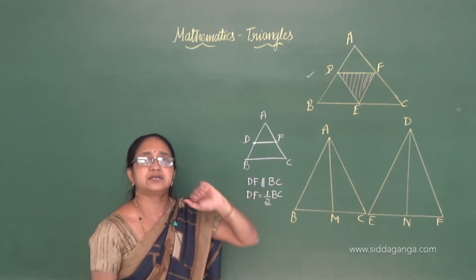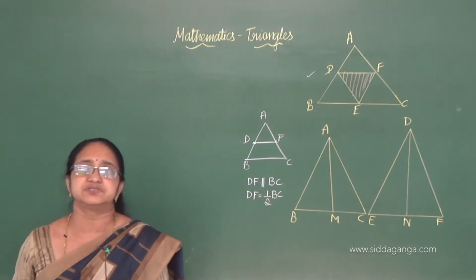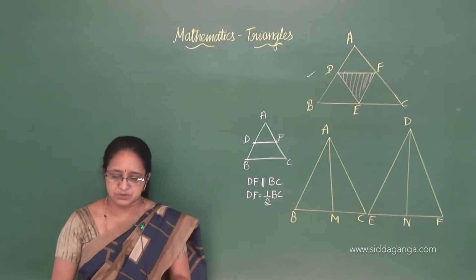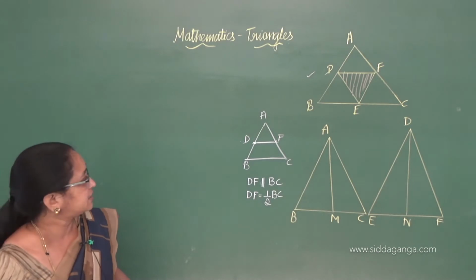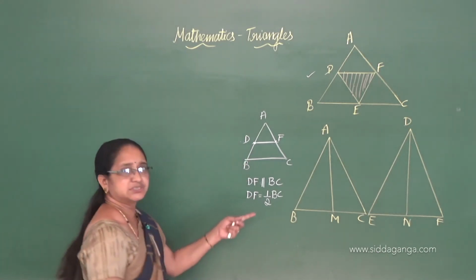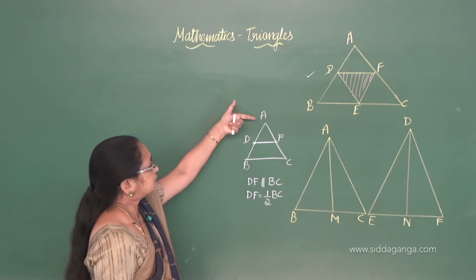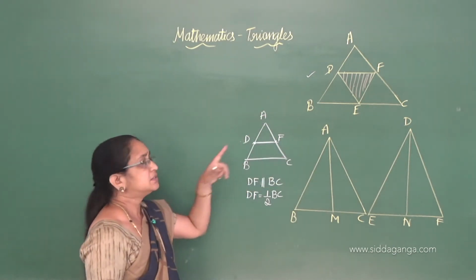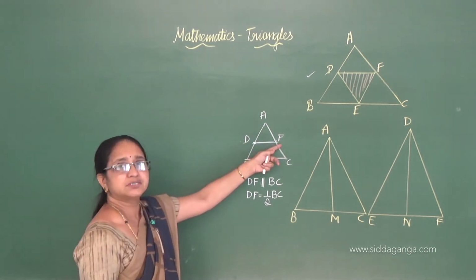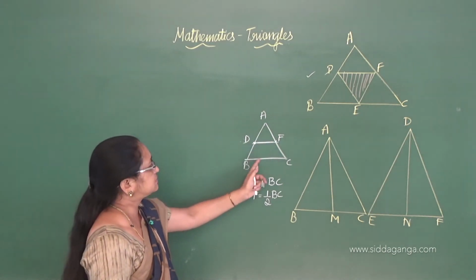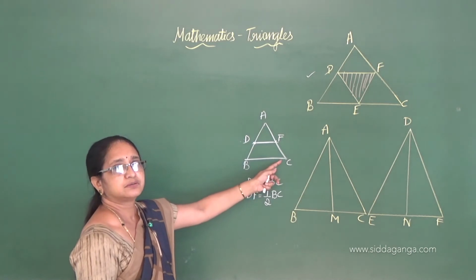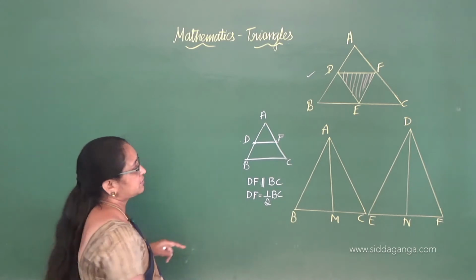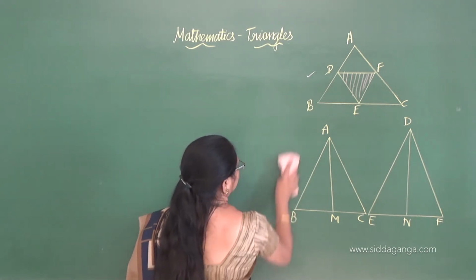So I am using that basic theorem which we have studied in the 9th standard. Understood? Based on that we shall do it now. When D is the midpoint of AB and F is the midpoint of AC, the line joining these two midpoints is parallel to BC, and also it is half of BC. With this knowledge we can prove it now.